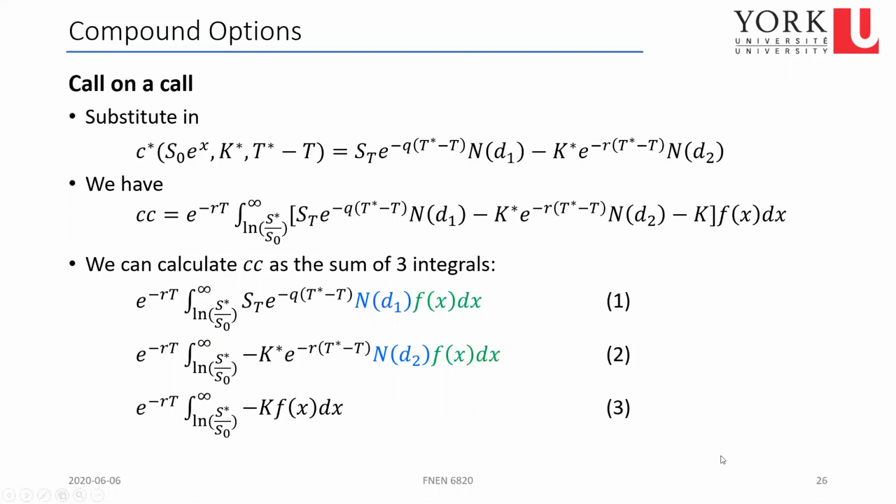Then we can break this integration into 3 different pieces. One piece is related to this, one piece related to that, and one piece related to this K here. So that's exactly what we have: 3 integrals here, okay? And once we have integrated, we put them together.